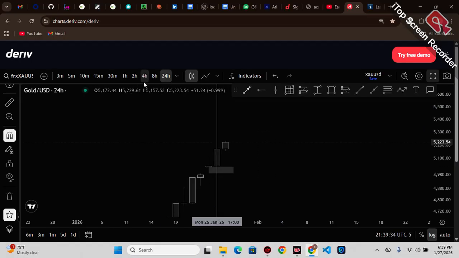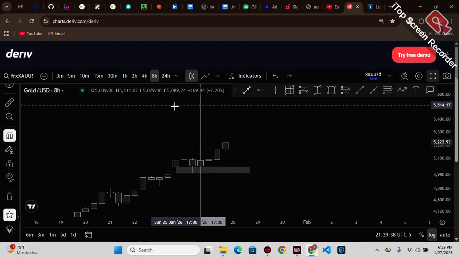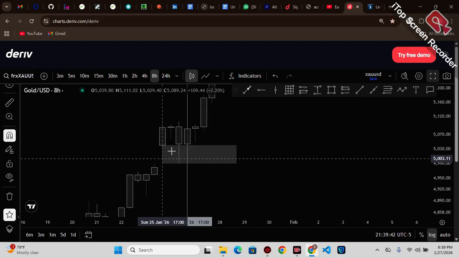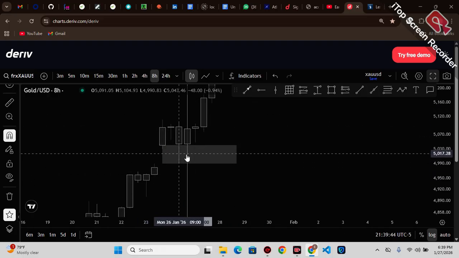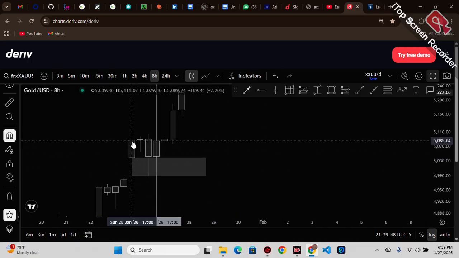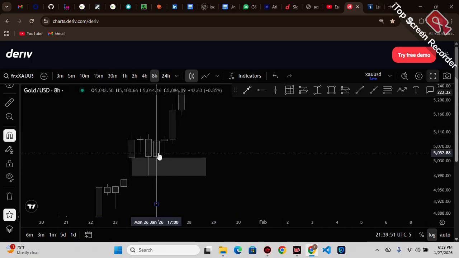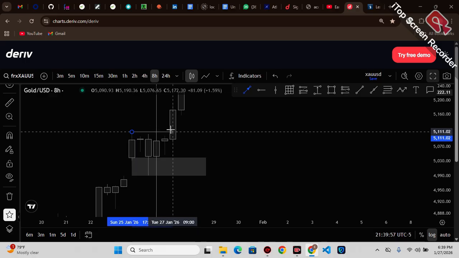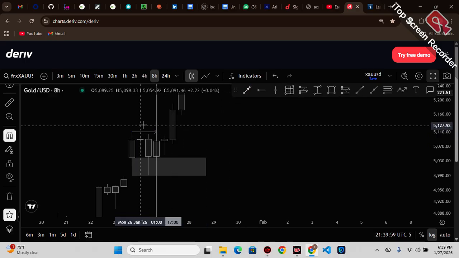Second thing we do is go to a lower time frame, and for this I'm going to be using the 8-hour time frame. So on the 8-hour time frame, do we have a break? No, we don't. The break would have come from the break of this high right here.